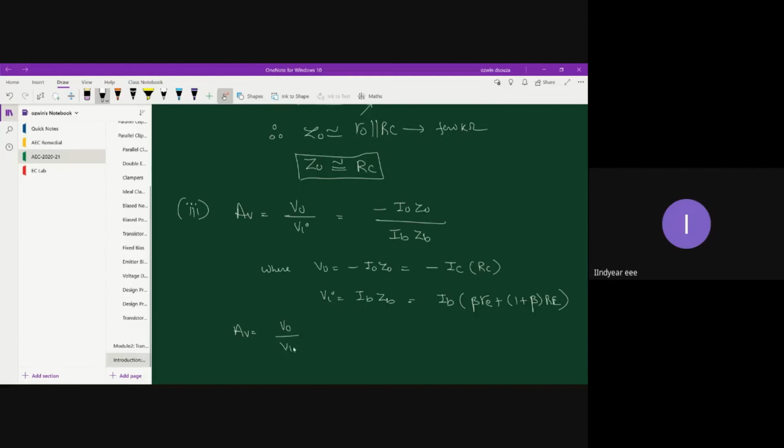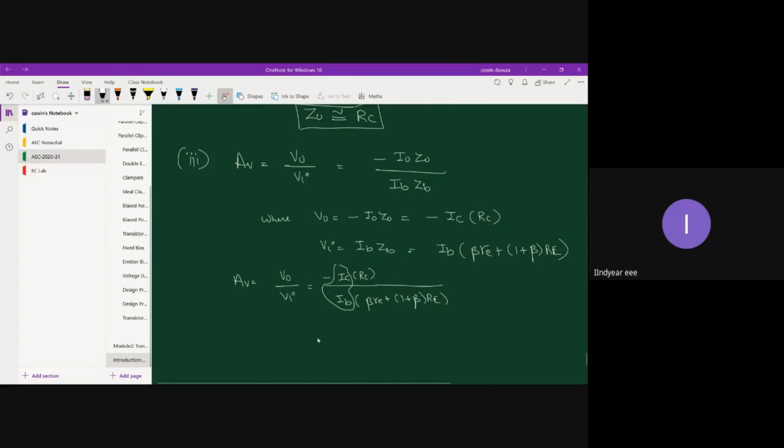V0 by Vi is equal to negative IC into RC divided by IB into beta re plus 1 plus beta times capital RE. You can take out this ratio IC by IB as beta. So this is negative beta into RC divided by, in the denominator, let me write down beta re as it is.